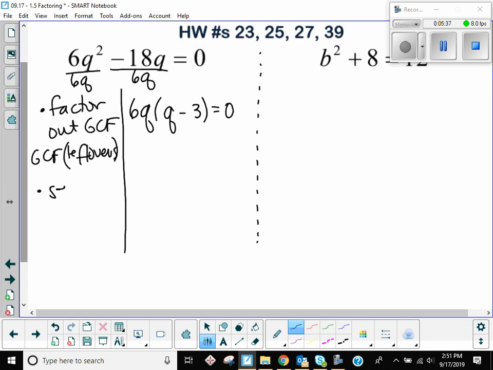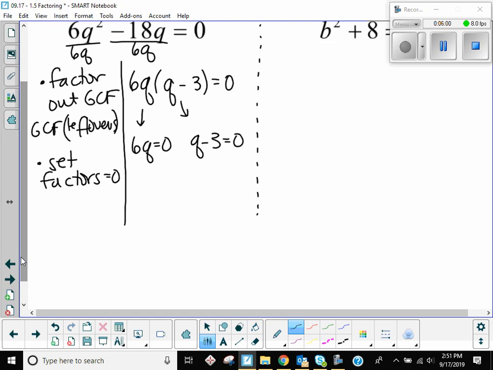So we set each factor equal to 0. The 6q is like the A spot from earlier in the notes. So we set that equal to 0. And then the q minus 3 is like the B spot from earlier in the notes. We set that equal to 0. And then we solve those two baby equations.